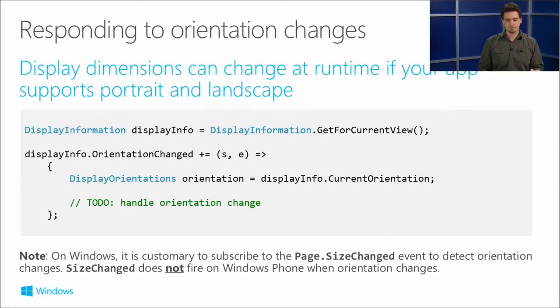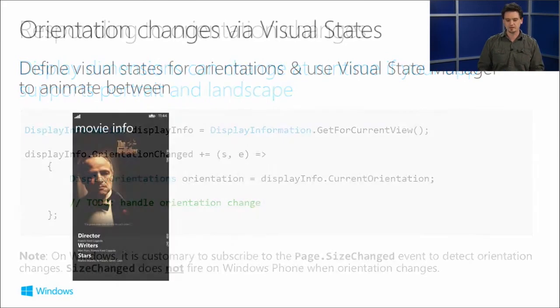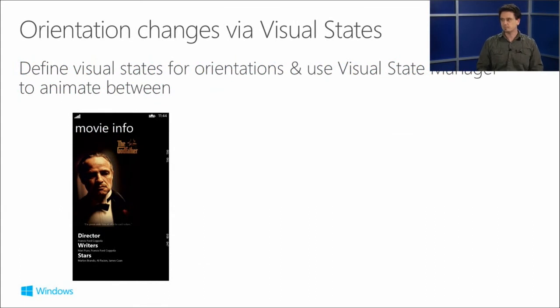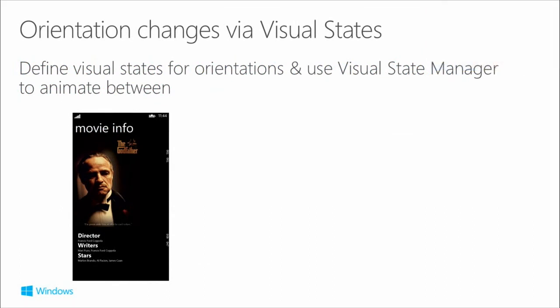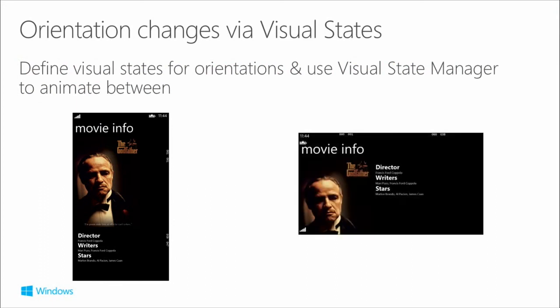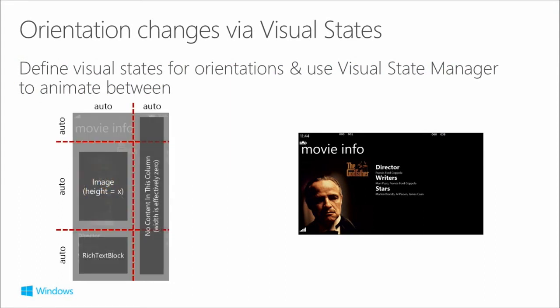Instead, we can actually run code and change our actual layout if we use this orientation change, and that way we can change things like visual states. We can have one visual state that manages our screen when it's in portrait mode, and another visual state that manages the screen when it's in landscape mode.